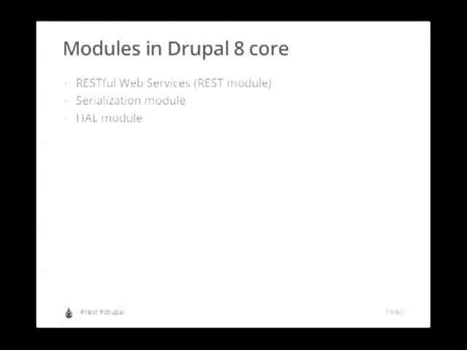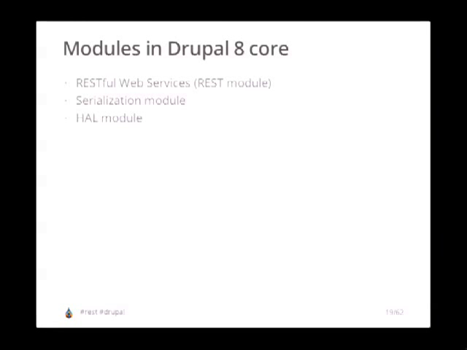And now how we arrived in Drupal 8 core was to basically reinvent the RESTWS module that I wrote in Drupal 7 and expand it to the concepts of Drupal 8. So there's the REST module, the Serialization module, the HAL module, and the Basic Authentication module.